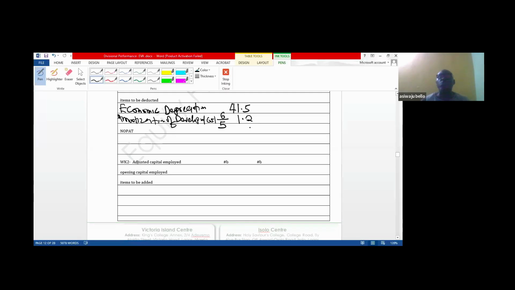These two items will be deducted. Sum of this will give me 42.7 deducts.